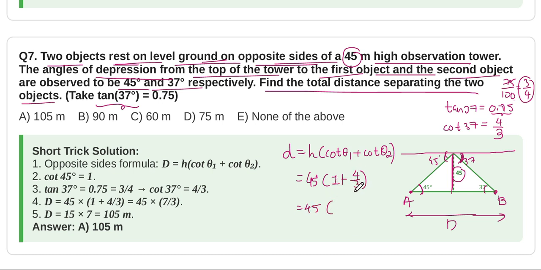Cross multiplying, 3 ones are 3 plus 4, all divided by 3. We can cancel out: 15 threes are 45. So 15 multiplied by 4 plus 3, which is 7. So 15 into 7 is 105. So the correct answer is option A, 105.